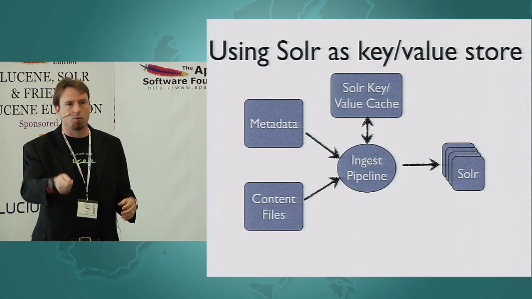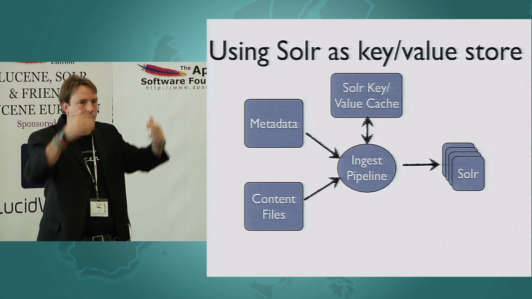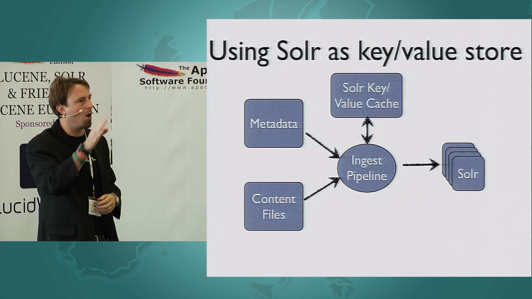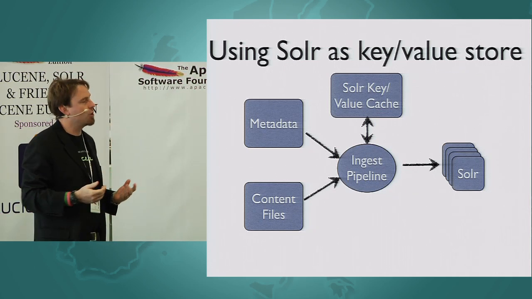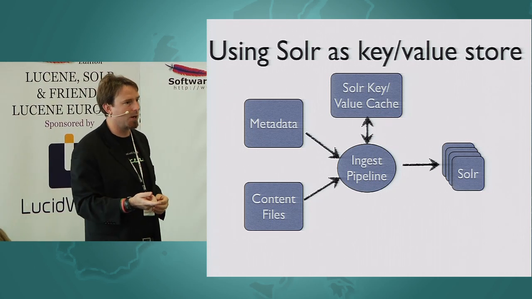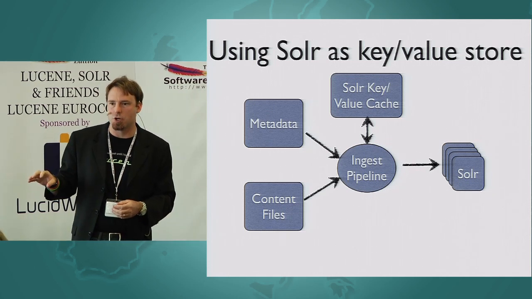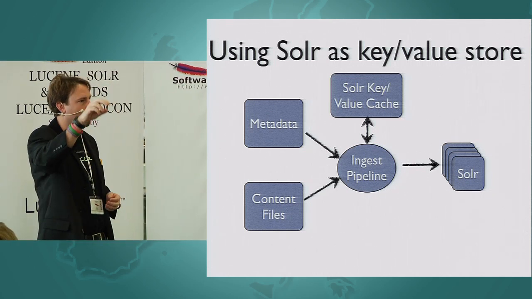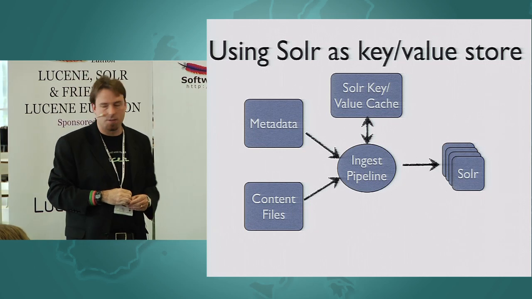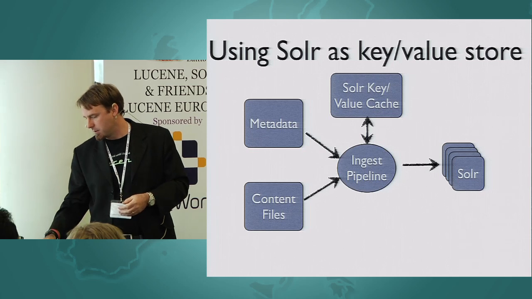So we created a Solr core that had two fields, document path and document text, and we would throw all the data in there. Our ingestion pipeline would query Solr and say, hey, do you have the text for this document? You do? Great. You don't? Let me run the ingestion process and stick the results in there. This was fantastic because it drastically kicked up our performance.